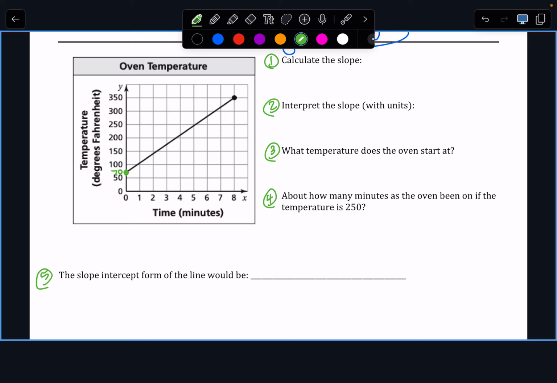How many do you rise if you start at 70 and you go all the way to 350? You might have to use a calculator. So 350 minus 70. If I start at 70, I'm coming all the way up to 350. There's a 280 difference.